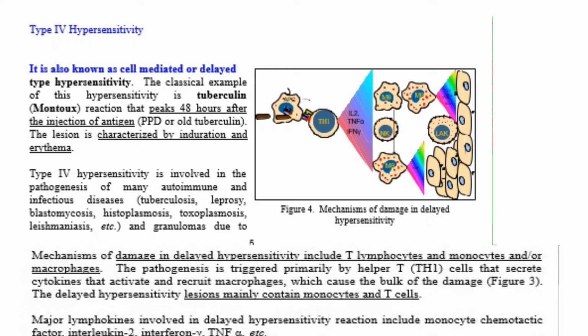The delayed hypersensitivity lesion mainly contains monocytes and T cells. The major lymphokines involved in delayed hypersensitivity reaction include monocyte chemotactic factors, interleukin 10, gamma interferon, and tumor necrosis factors.